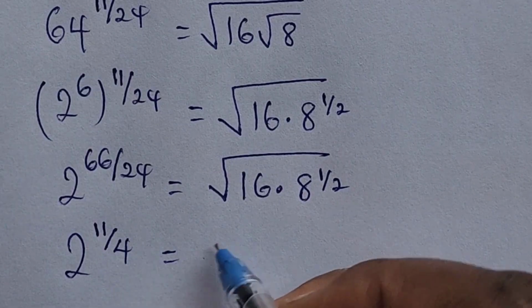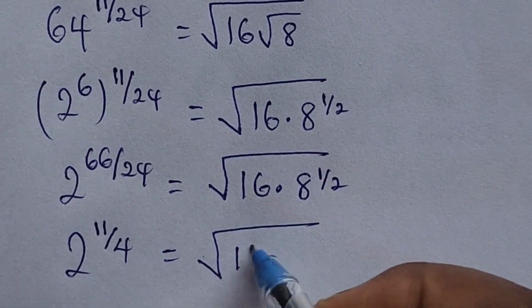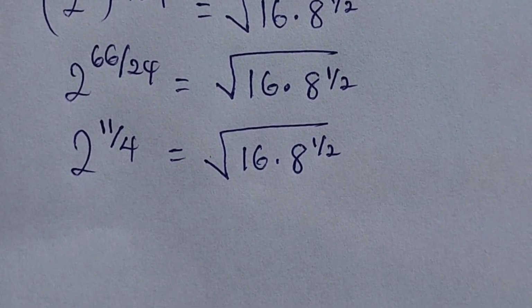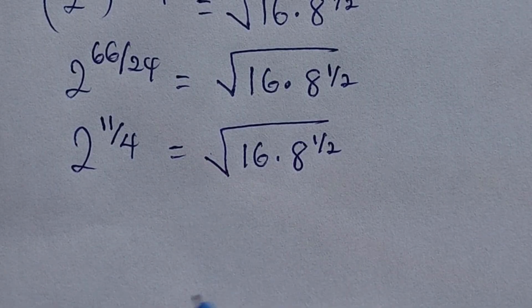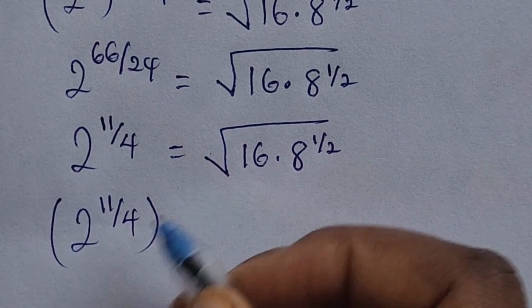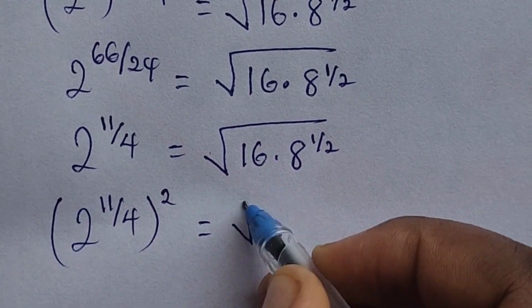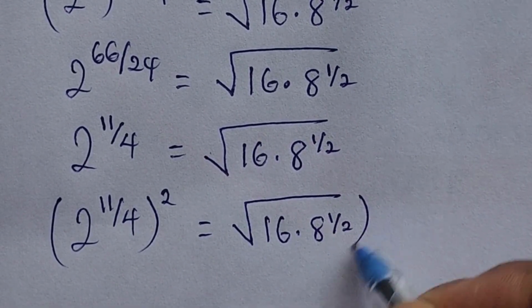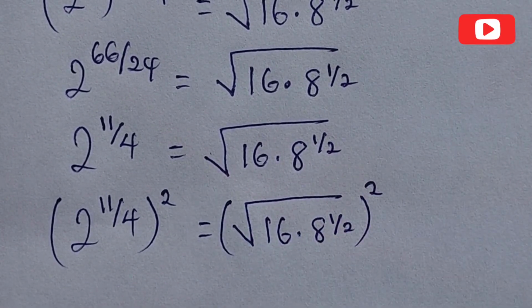Now to verify, we have 2 to the power of 11 over 4 is equal to the square root of 16 times 8, to the power of 1 over 2. We can decide to square both sides to have 2 to the power of 11 over 4 all squared is equal to the square root of 16 times 8 to the power of 1 over 2 all squared.